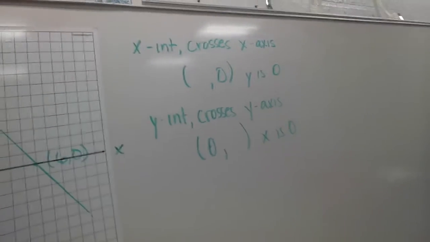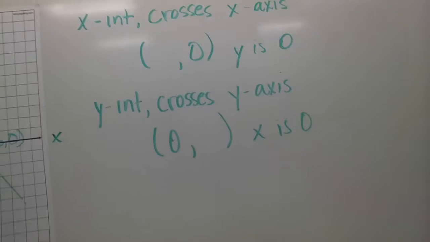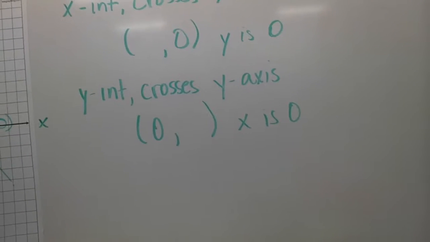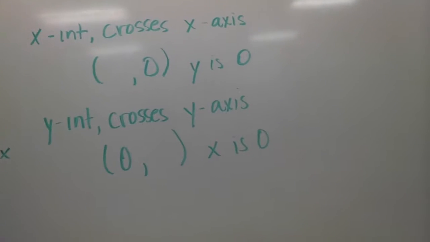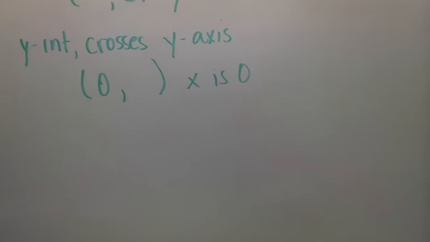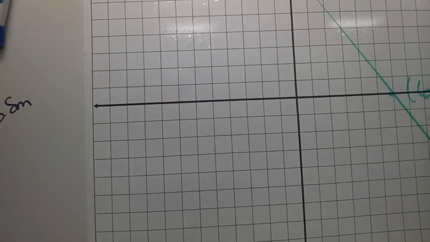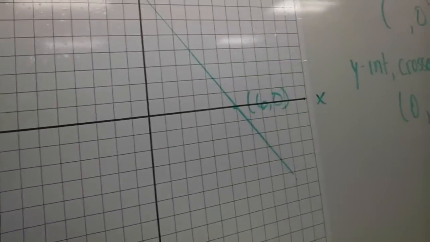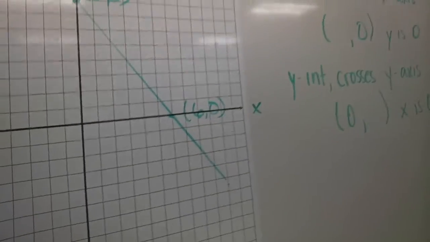Okay? So our x-intercept crosses the x-axis, something, 0. Y is always 0. Y-intercept crosses the y-axis, x is always 0. Okay, so it's where it crosses. So now we're going to talk about finding the y-intercept in an equation and using the intercepts to graph an equation.